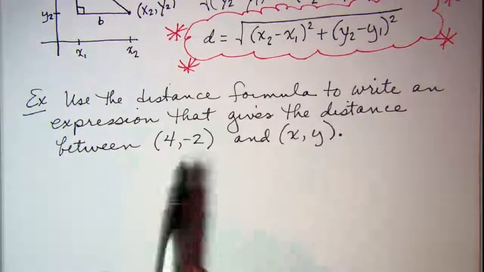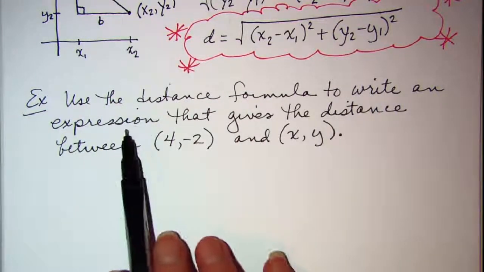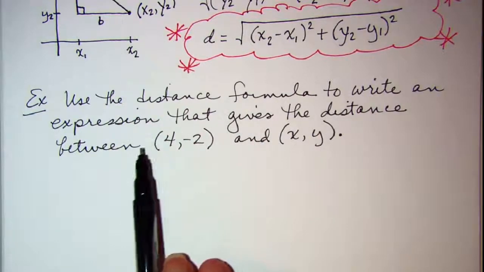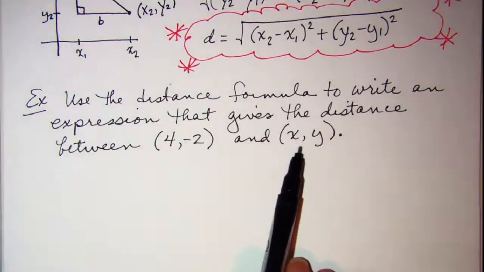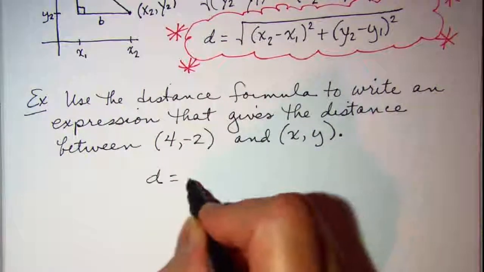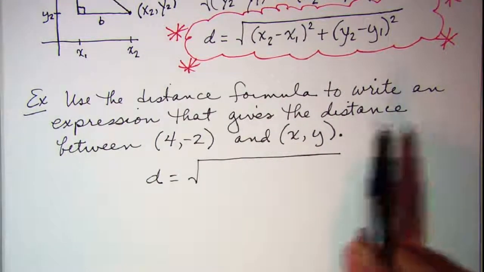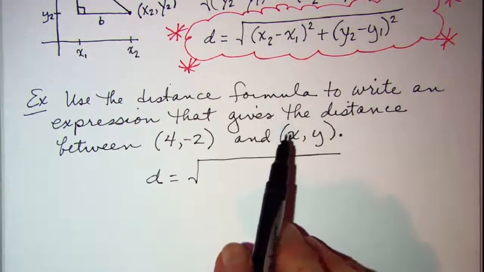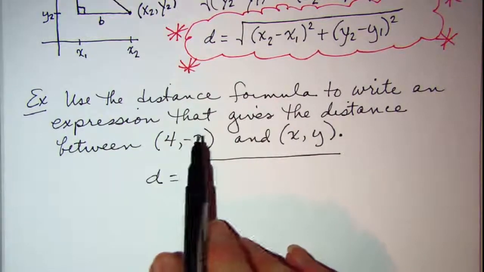So the problem that I want to do is use the distance formula to write an expression that gives the distance between the point 4, -2 and the point x, y. Alright, so we know that it's going to be a big old long square root. And usually you put your variables first in an expression.